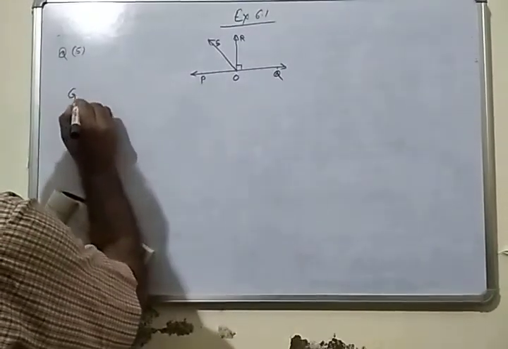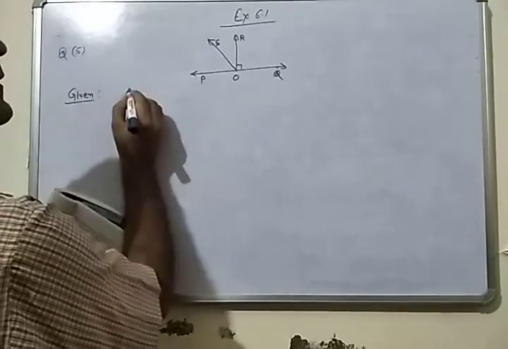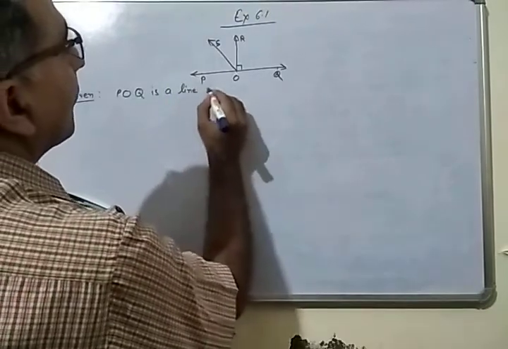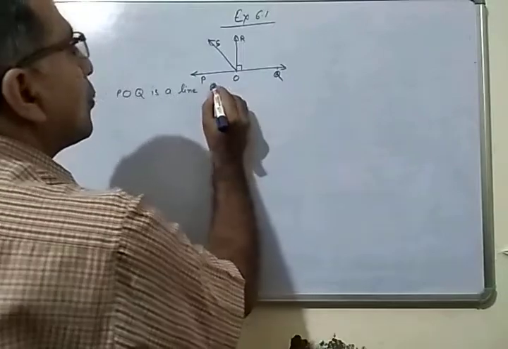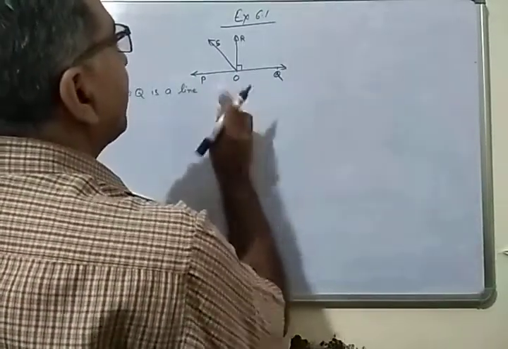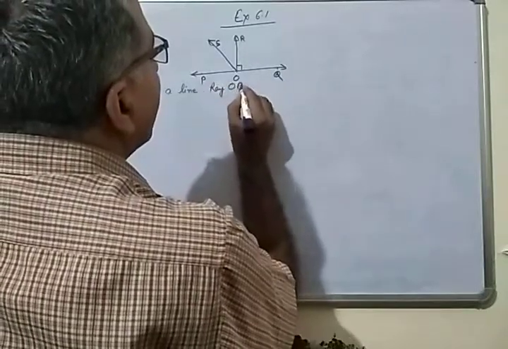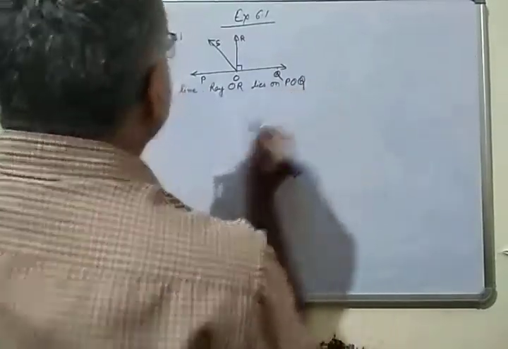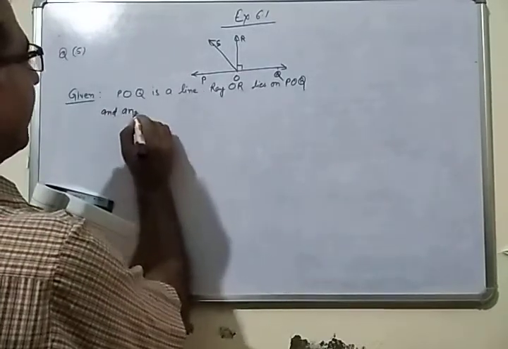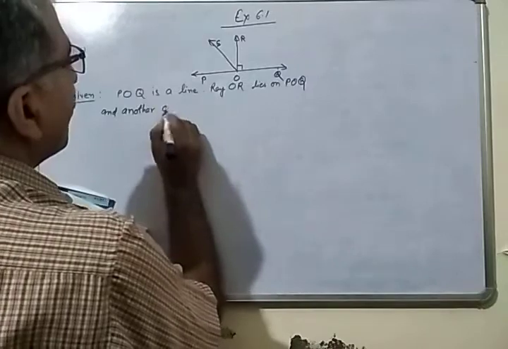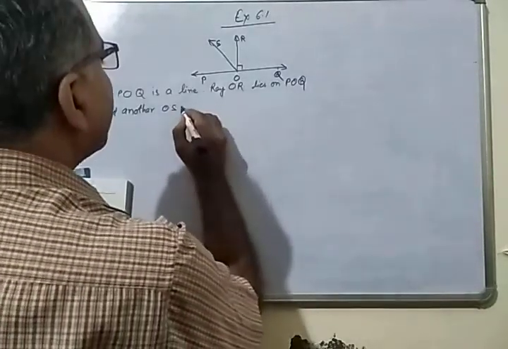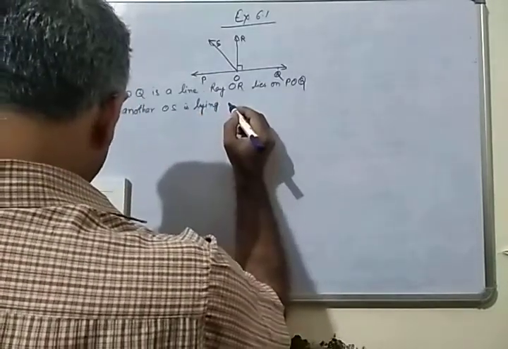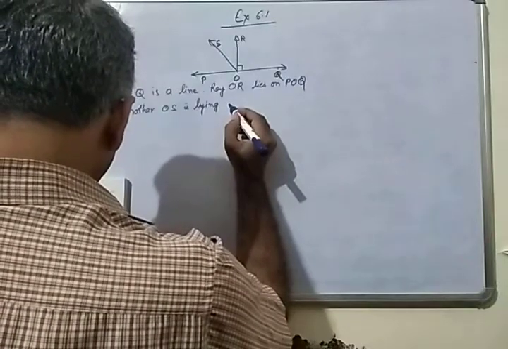We have given POQ is a line. Ray OR lies on POQ, and another ray OS is lying between rays OP and OR.